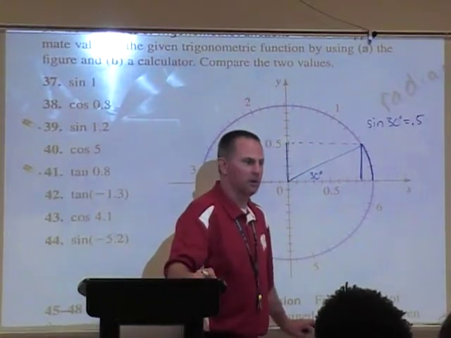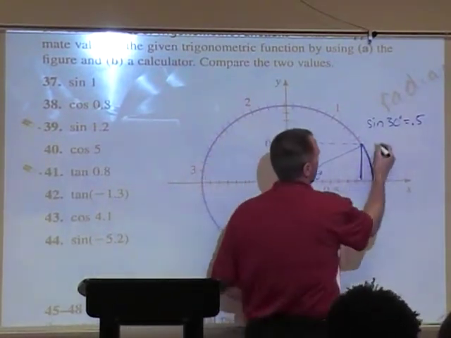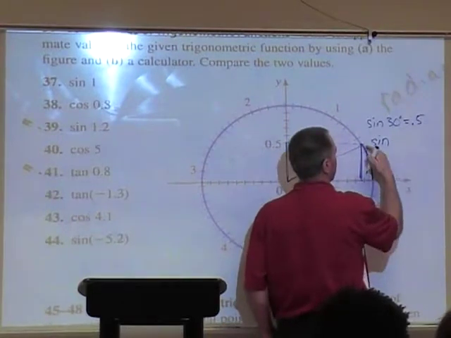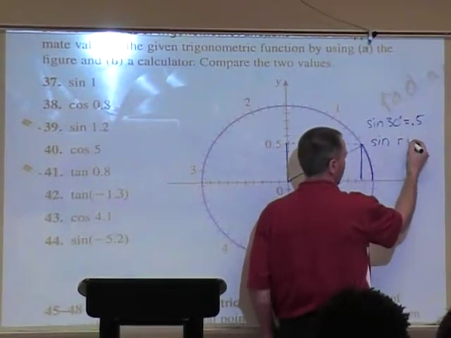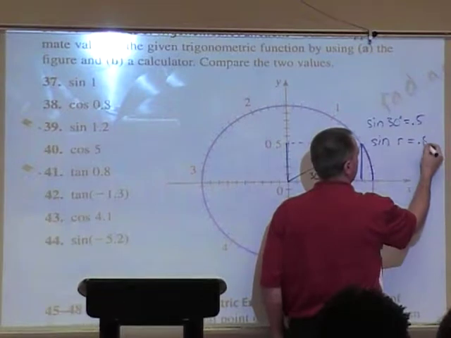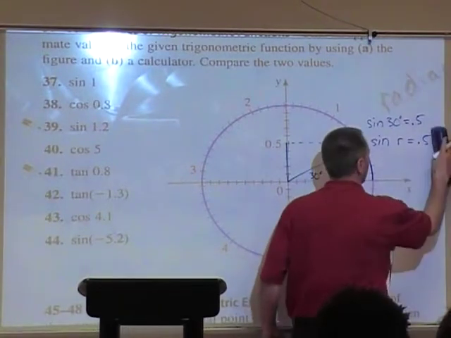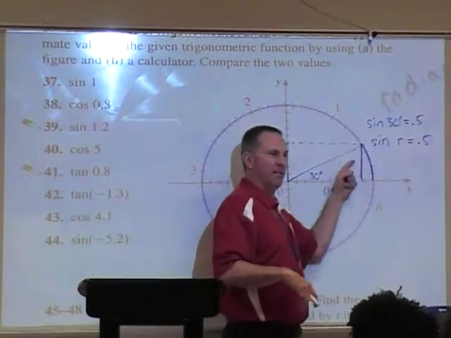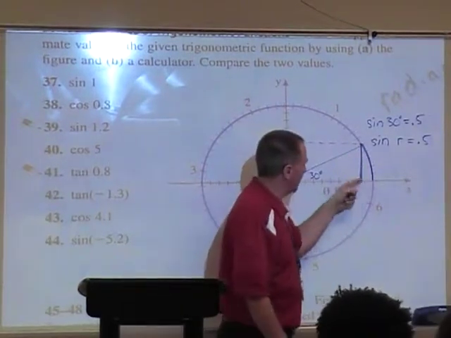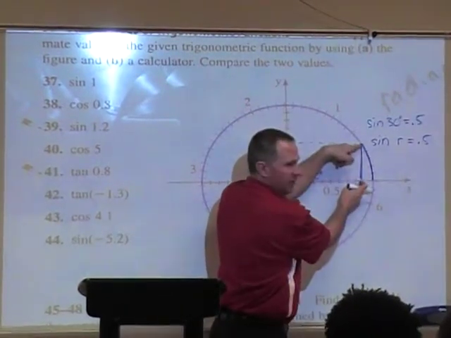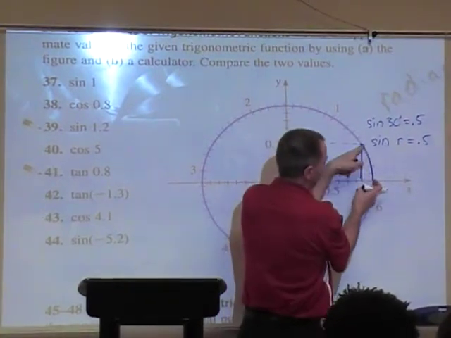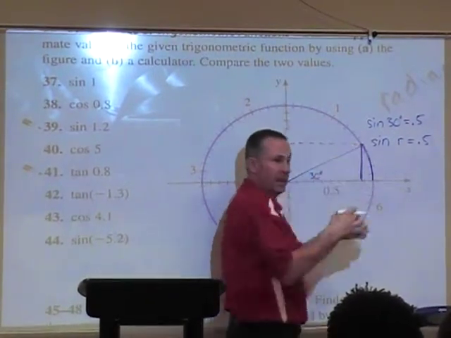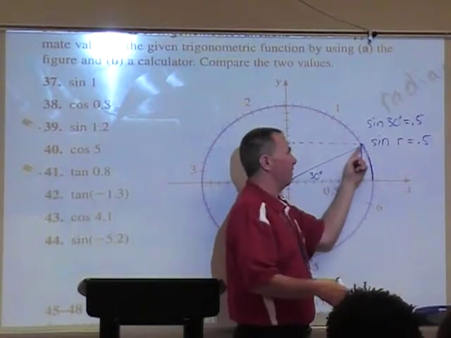So the sine of the radian measurement, whatever that is, should equal 0.5, because it's still going to give me the y value at that point. Sine is the y value at that point.